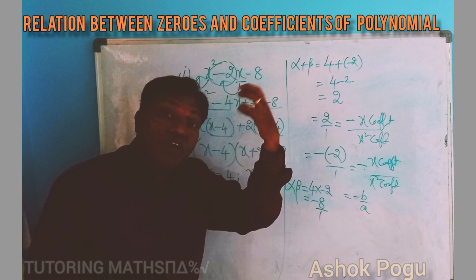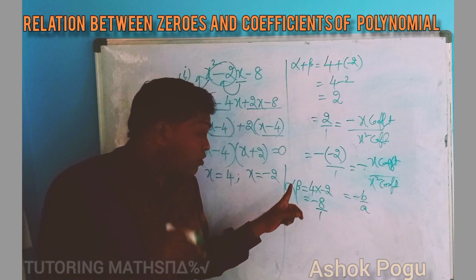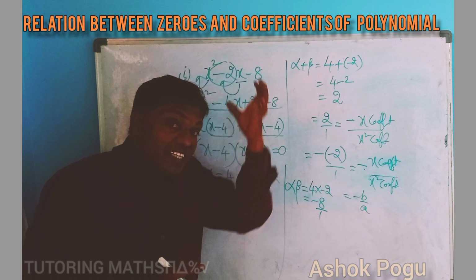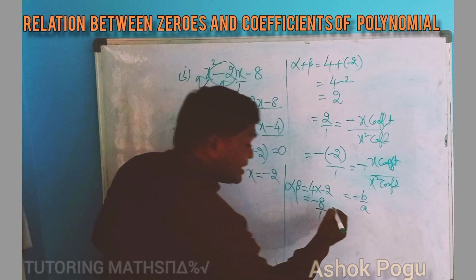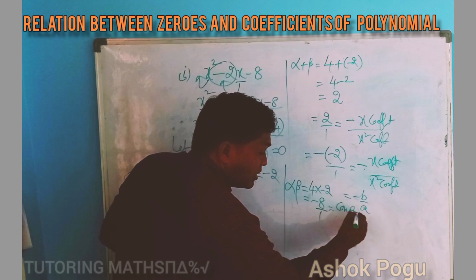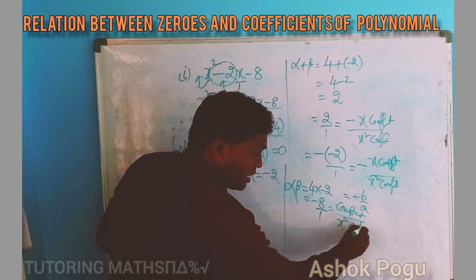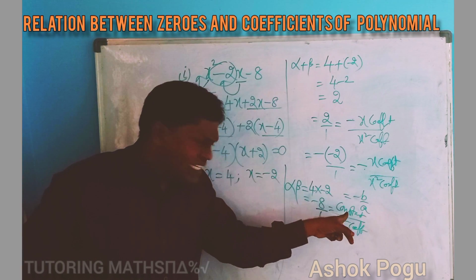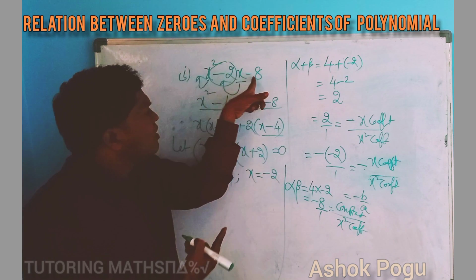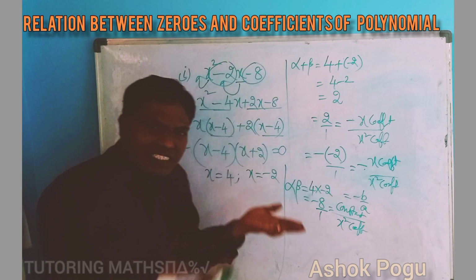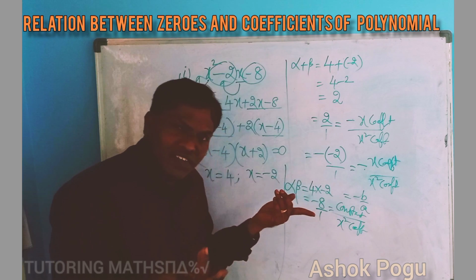Now remind the formula, remind the standard form. What is the product of the zeros, alpha beta? That is c by a. C by a means the constant by a, the x square coefficient. But is minus 8 the constant? Check the polynomial we have taken. Minus 8, yes, absolutely, it is the constant. Minus 8 is the constant, verified.